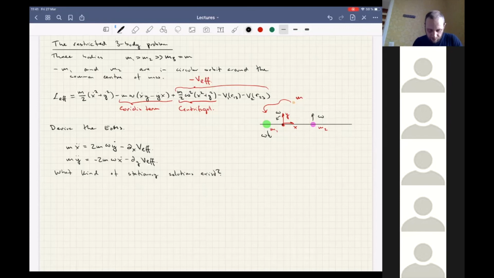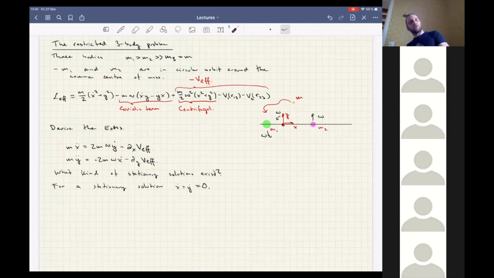And for a stationary solution, since x and y don't change, we have x dot and y dot equal to 0. That of course also means that the second derivatives of both x and y are equal to 0. So the only thing left of those equations of motion, if we assume a stationary solution, is this.